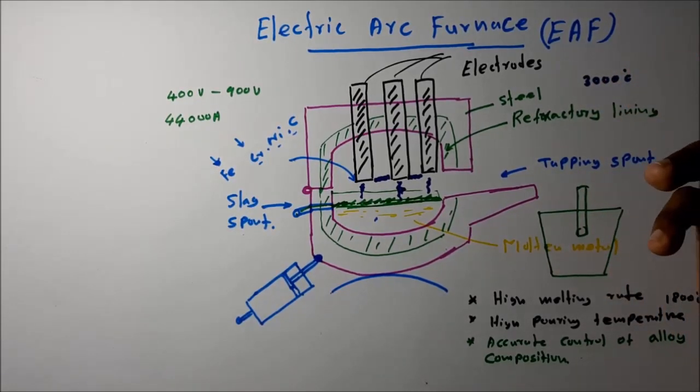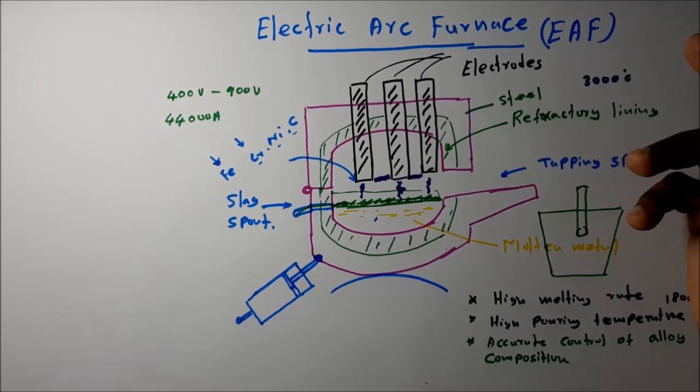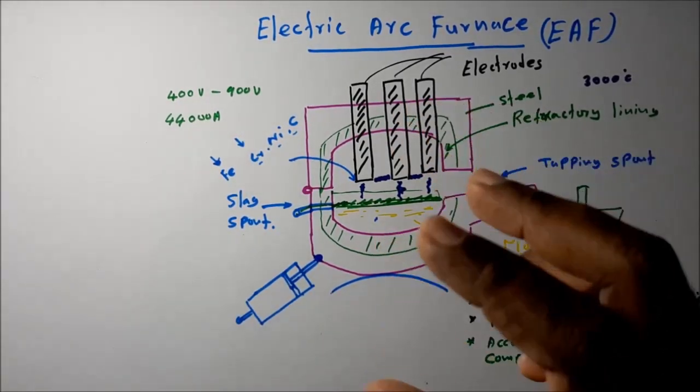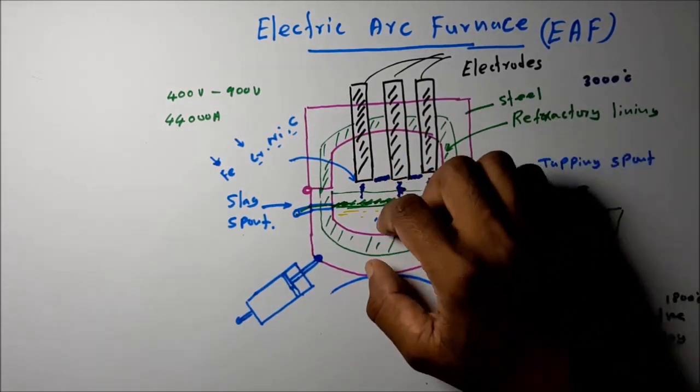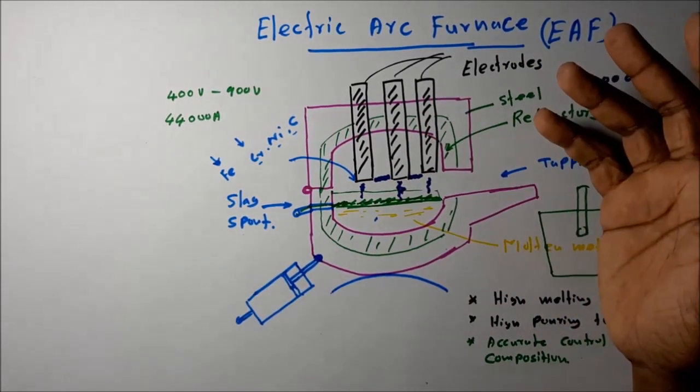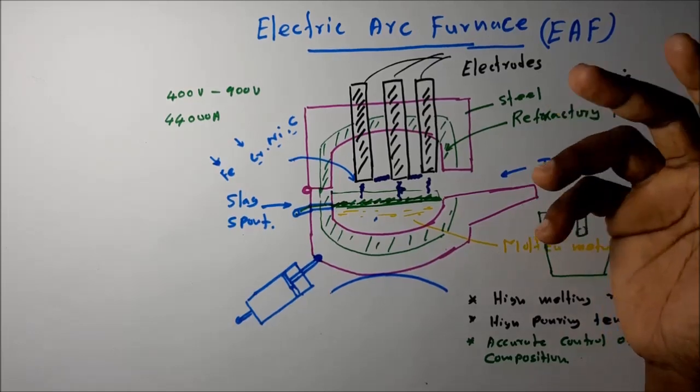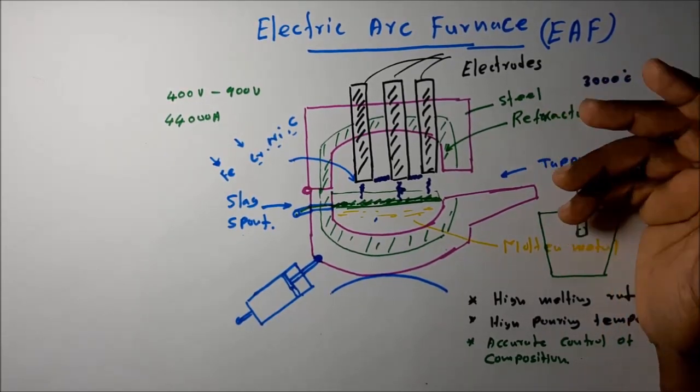So the output is cast iron in cupola operations. But here we can closely control the composition. There's no direct contact with the burning fuel or coal.